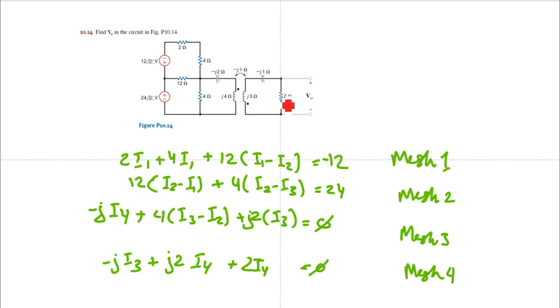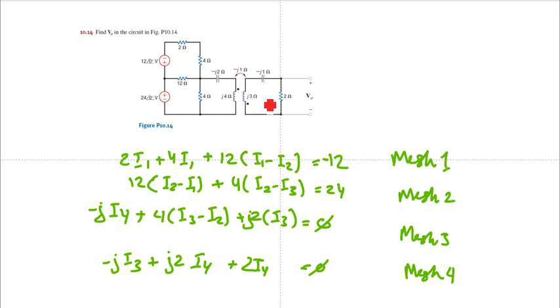on the right. In order to do that, you need to find the current of the mesh on the right, which we call mesh 4, as you can see here. You're going to have four total meshes, and each mesh will have its own current.